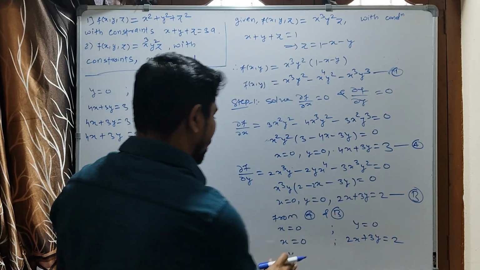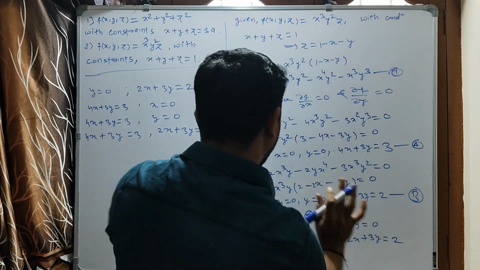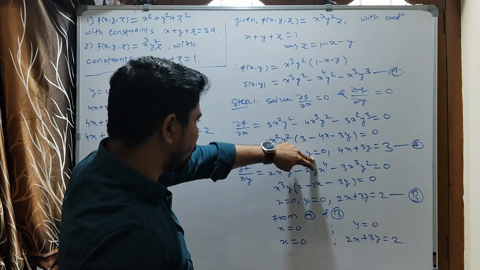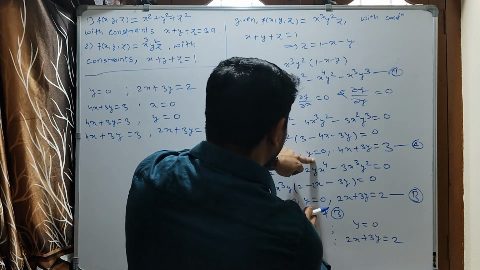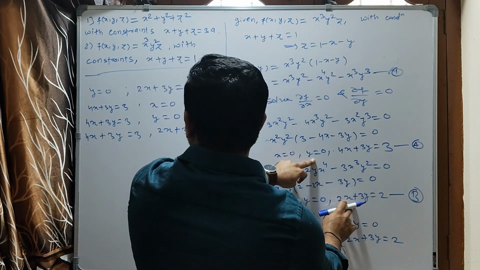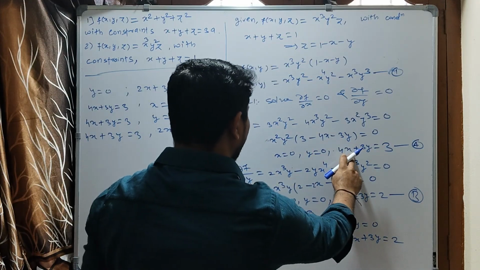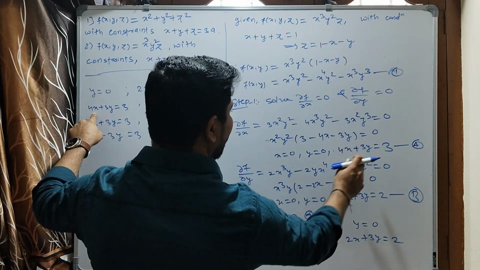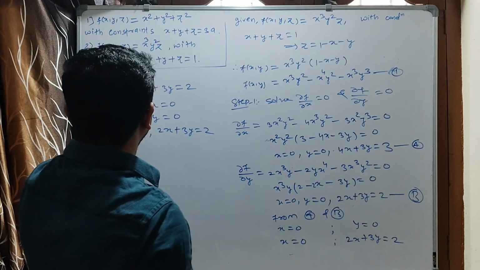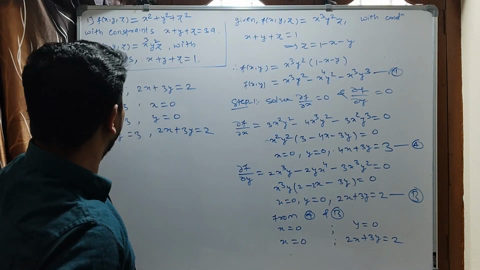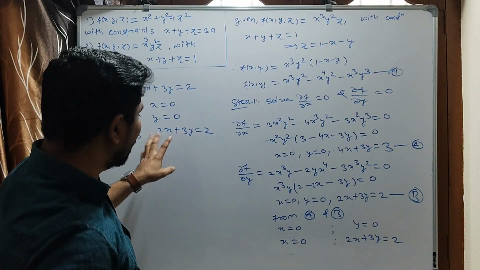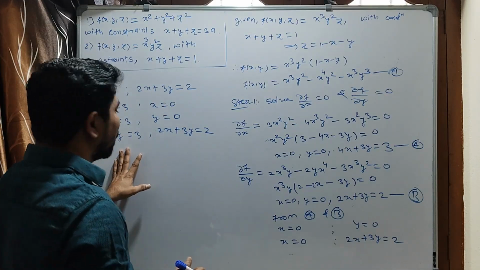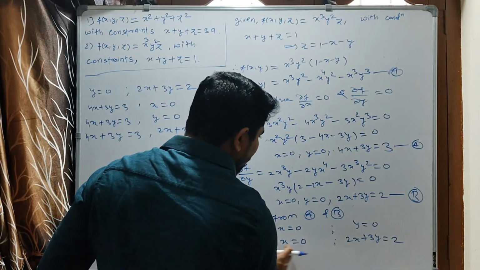Now here the same thing is not allowed, x is 0, y is 0, this is the same. Then 4x plus 3y equal to 3 with x equal to 0, and 4x plus 3y equal to 3 with y equal to 0. Okay, so these are the 4 pairs.